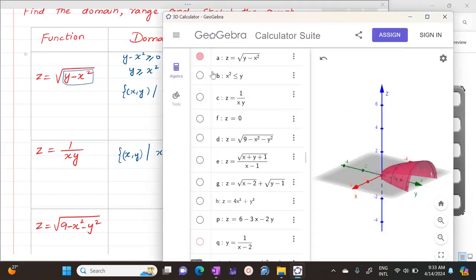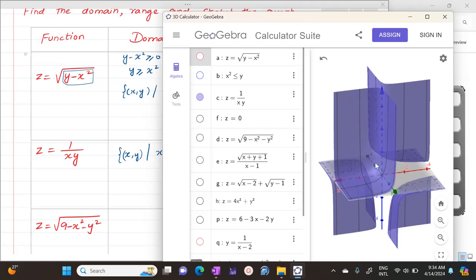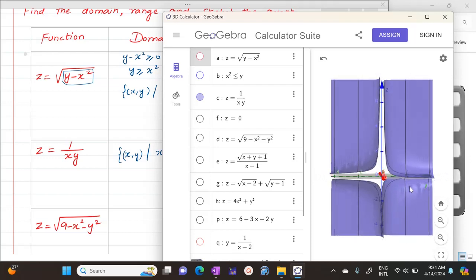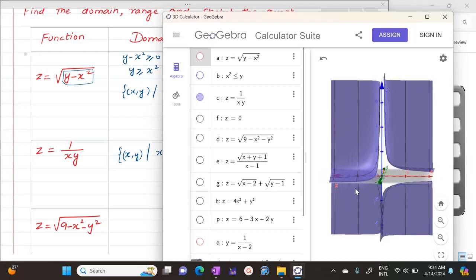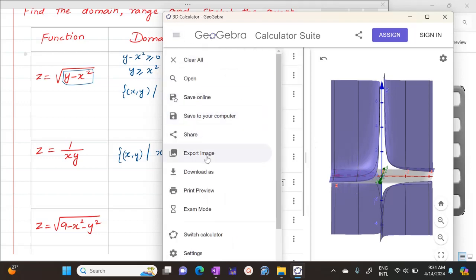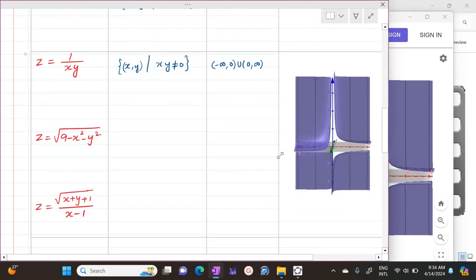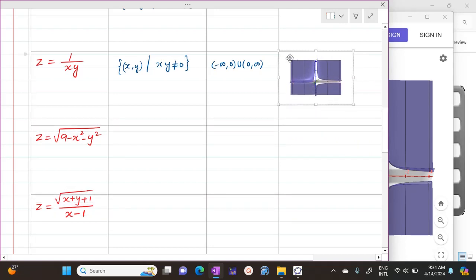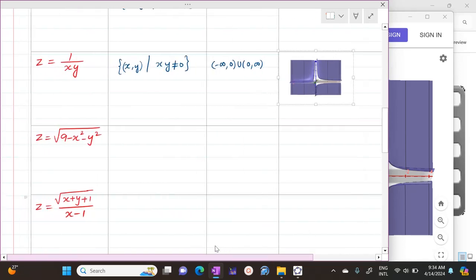If you draw the graph of this one, you will have the upper part above, and it is all the not-equal-to-0 lines. Export, copy, paste.